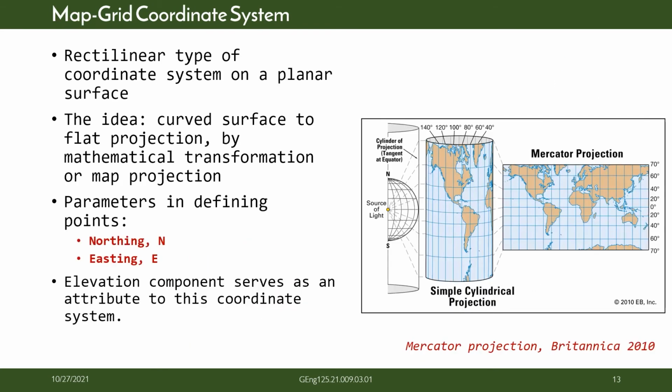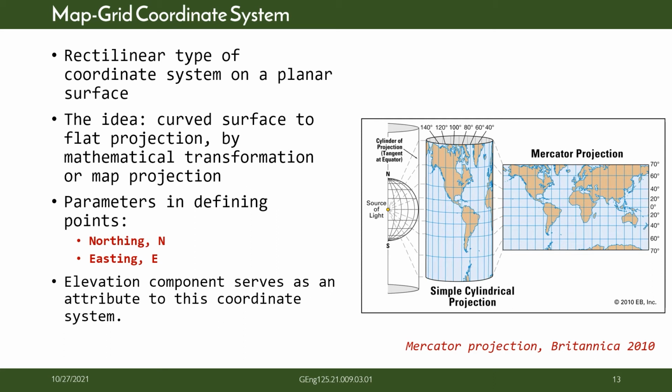So we have an additional one. We have the Map-Grid coordinate system. Shown here, we have the Mercator projection. That means turning the curved surface to a flat projection by means of mathematical transformation or map projection.